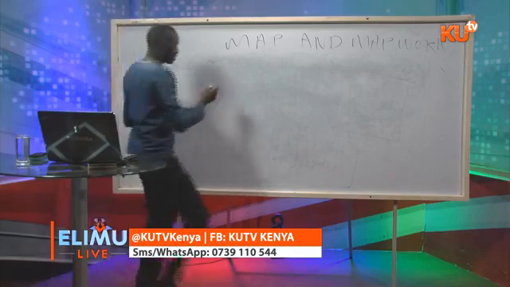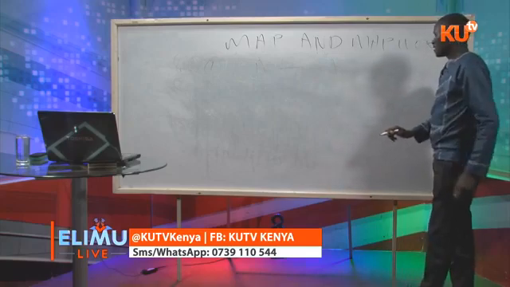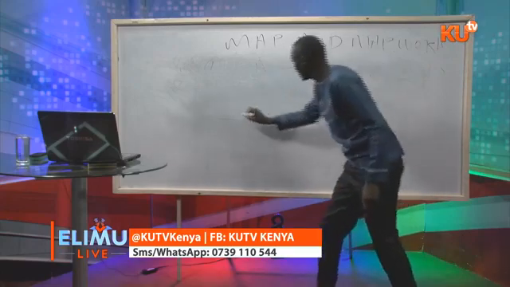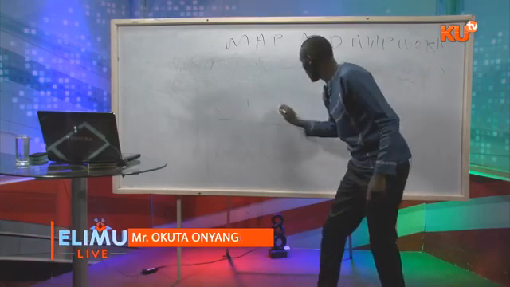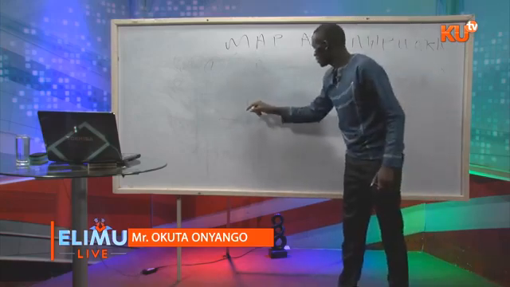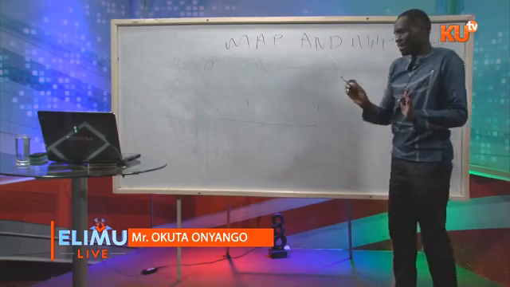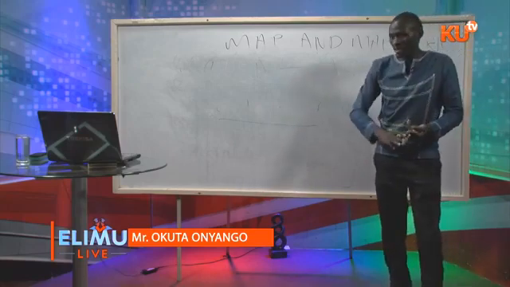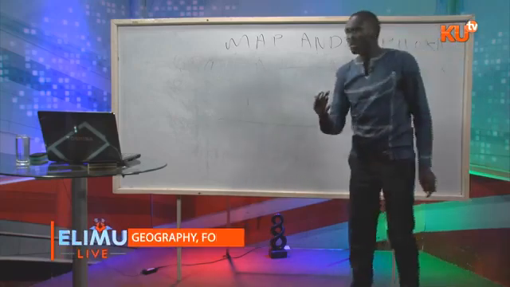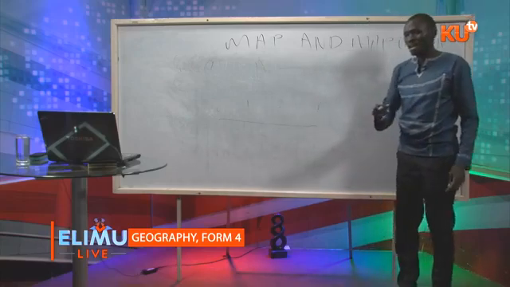Another one is it enables us to calculate the distance of an area also. If you want to calculate, for example, point A to point B, and we have our linear scale that starts from 0, then we have 1, 2, 3, these are kilometers. We've already measured our distance using a string or a pair of dividers, in which I'll also show you later on how we can calculate a distance using a string, a pair of dividers, and a paper.